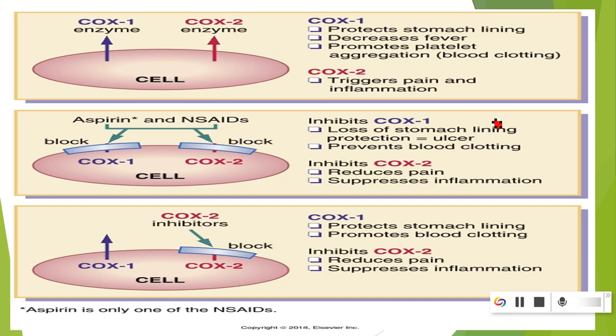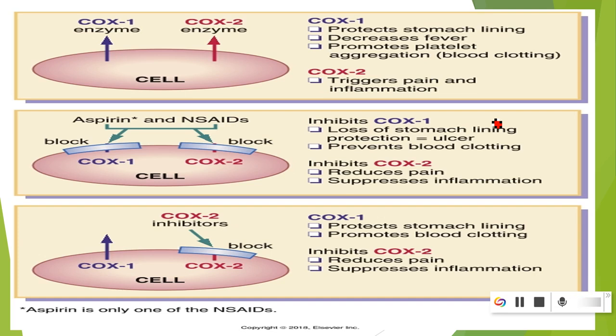So cyclooxygenase is practically found in all the tissues, and it helps regulate multiple processes, as I mentioned a little while ago. But we also need to understand what those processes are, right? So you will see COX-1 and COX-2.